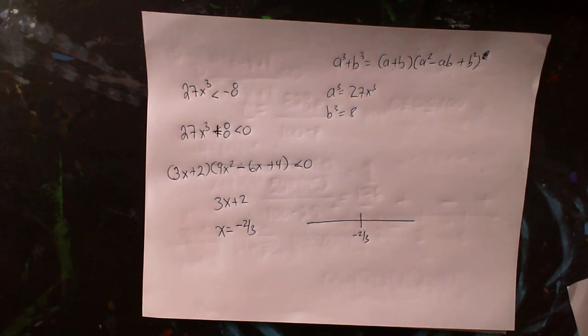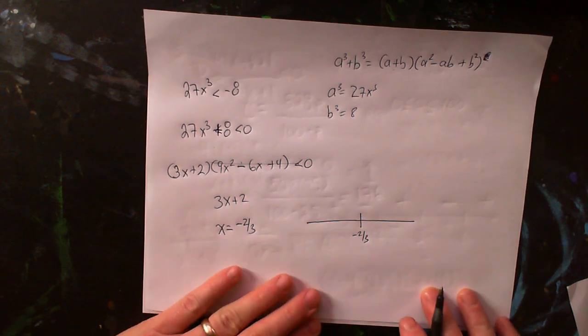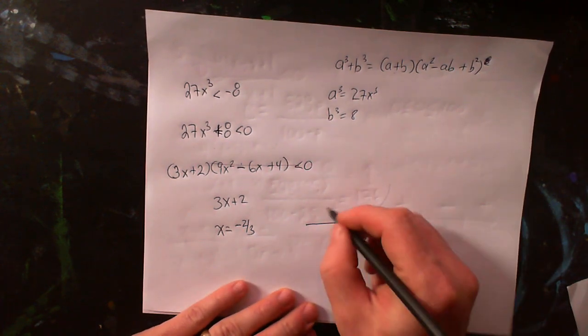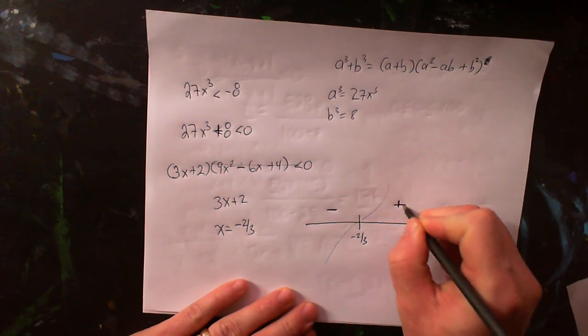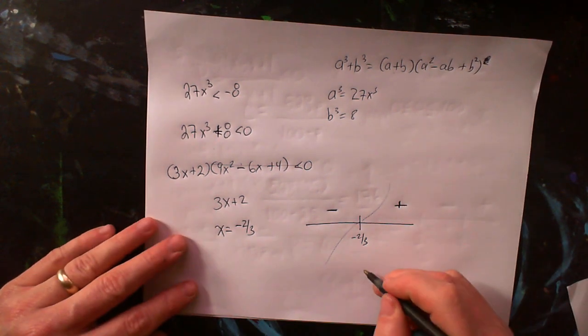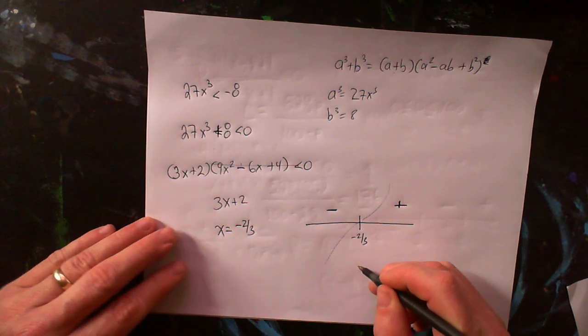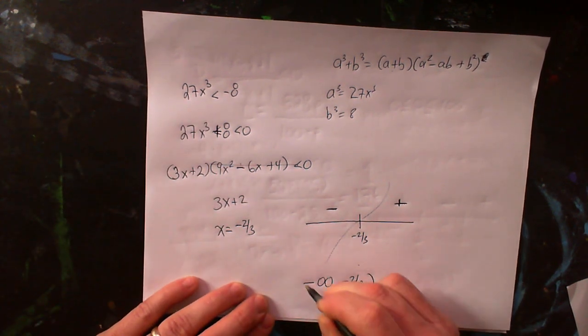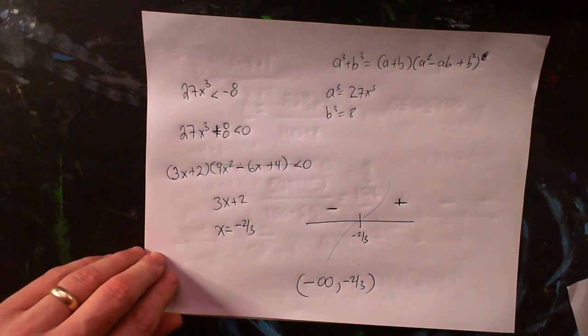It's an odd function with a positive coefficient, so we know that it does something like that. So over here it is negative, over here it is positive, and the answer would then be, when is it less than 0, from negative infinity up to negative 2/3. Done.